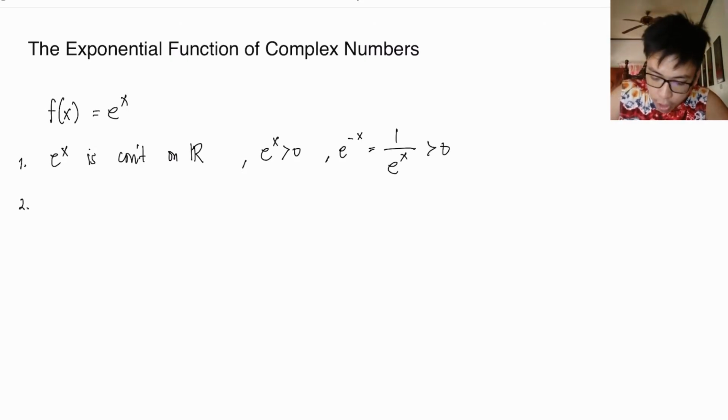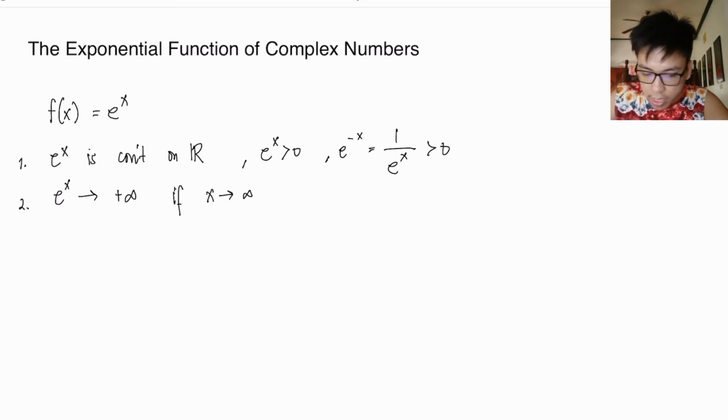Number 2, e to the x approaches infinity as x approaches infinity, which means that e to the negative x approaches 0 as x approaches infinity.